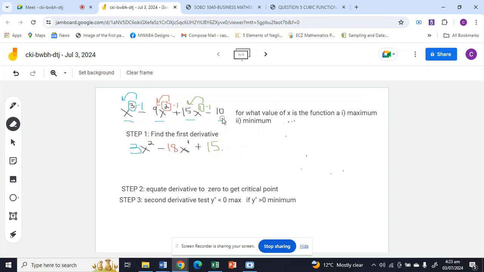Any questions? So that is that with step 1.